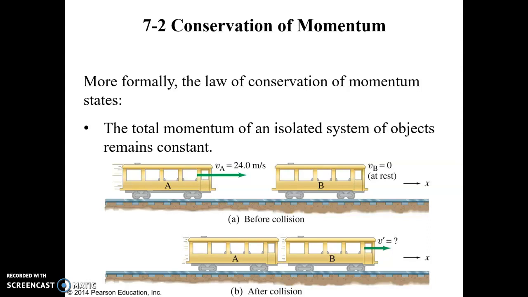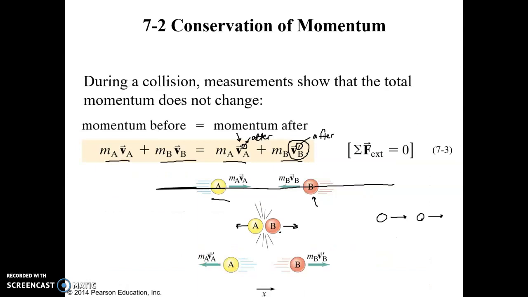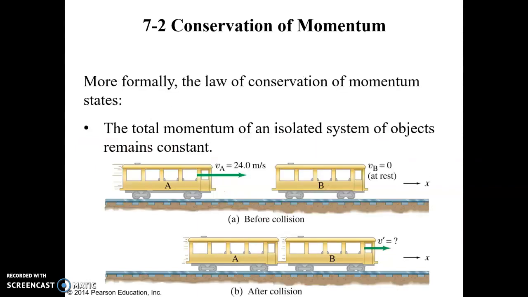So in this example here, we had the two objects collide and bounce off of each other. We can also have collisions where after the two objects collide with each other, they actually become one. So it could be a couple of train cars, as we see here. When this train car hits into this one, they will mechanically link together, and then they will both travel at the same speed.